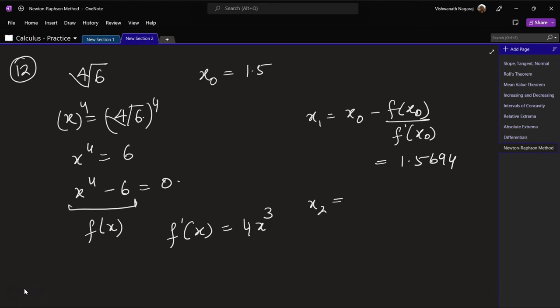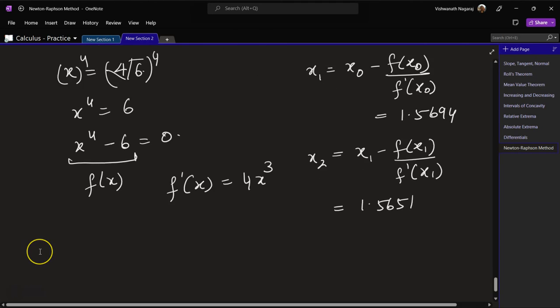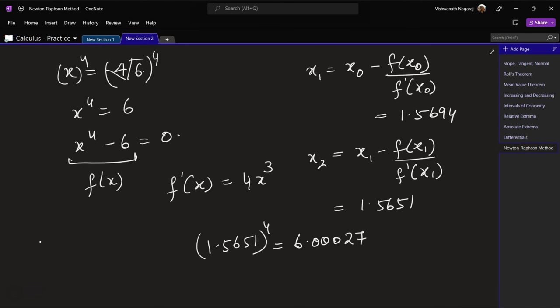Let's do it once more. x2 is x1 minus f of x1 by f prime of x1, which gives us 1.5651. And if you take this 1.5651 to the power of 4, this will give you 6.000278. So up to 3 decimal places it is correct.